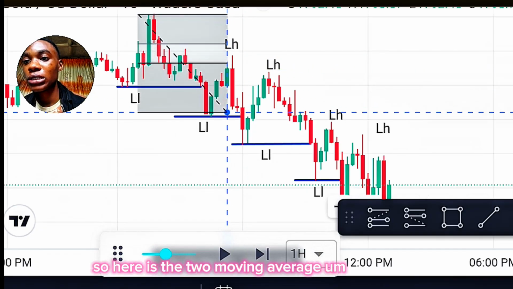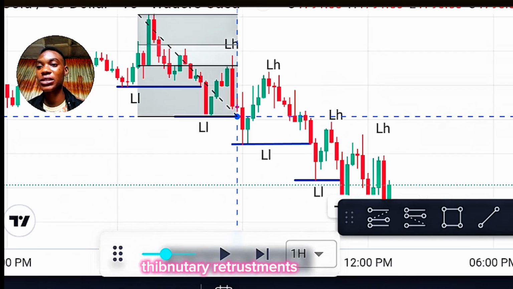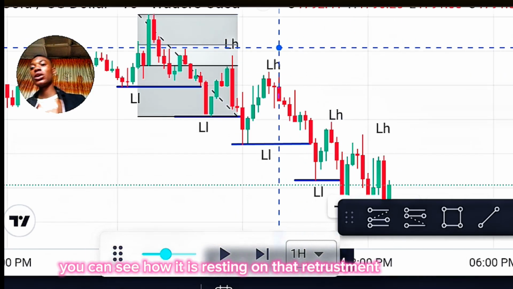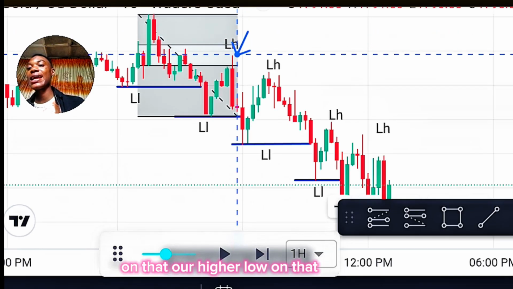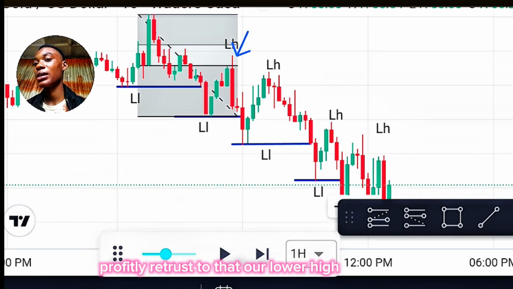So here is the tool, Fibonacci retracement. You can use it to know where price retraced previously. You can see how it is resting on that retracement, on that higher low, on that lower high. You can see how it perfectly retraced to that lower high.